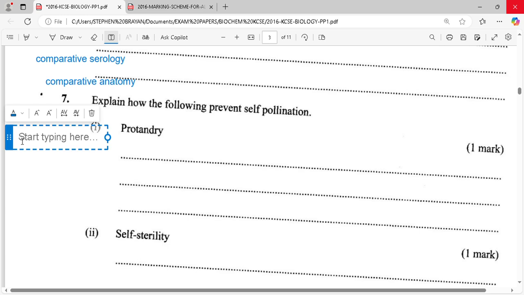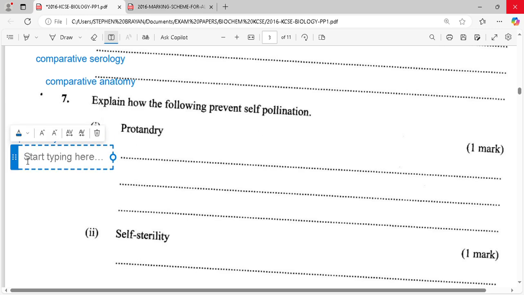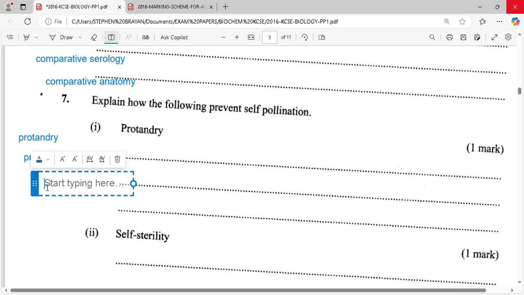The first factor that hinders self-pollination is called protandry. The second factor is called protogeny. The third factor is called self-sterility.